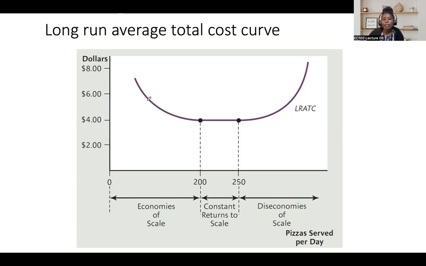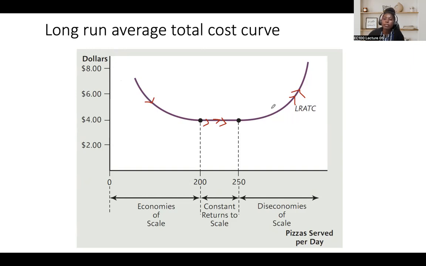Why is it like this? It declines, then it sort of stabilizes, and then it increases. Most firms that have stayed in the industry for a long time, in the long run for a while, have been in business for a number of years.